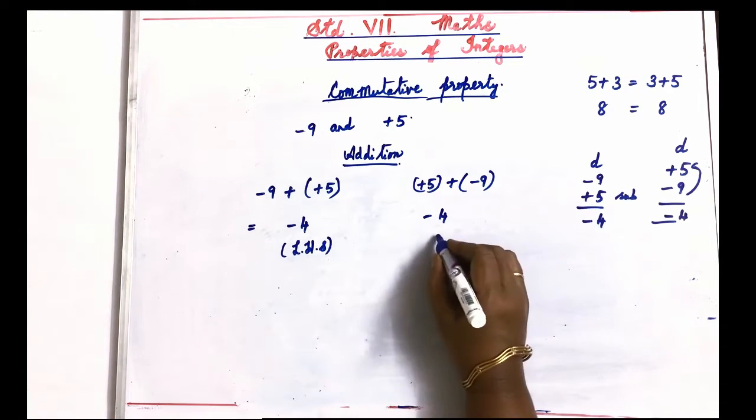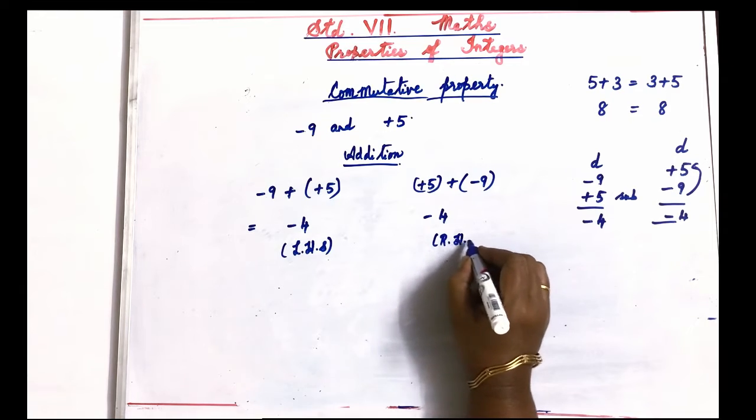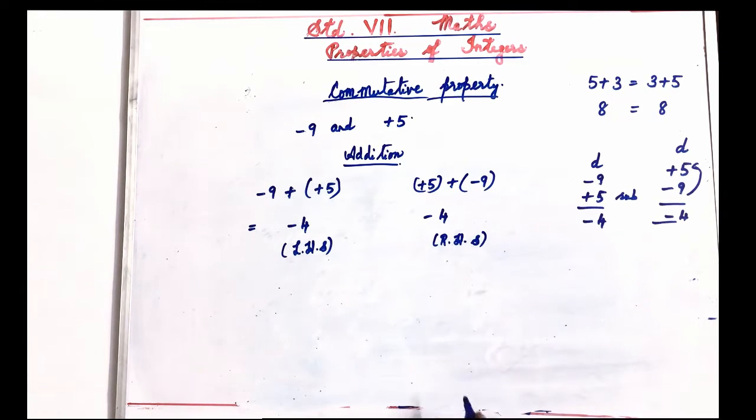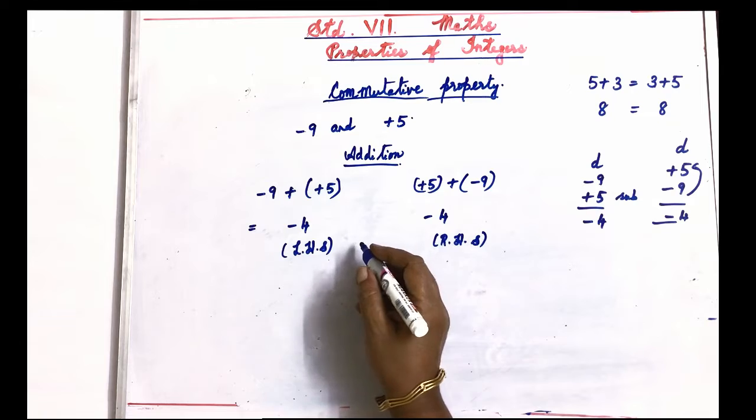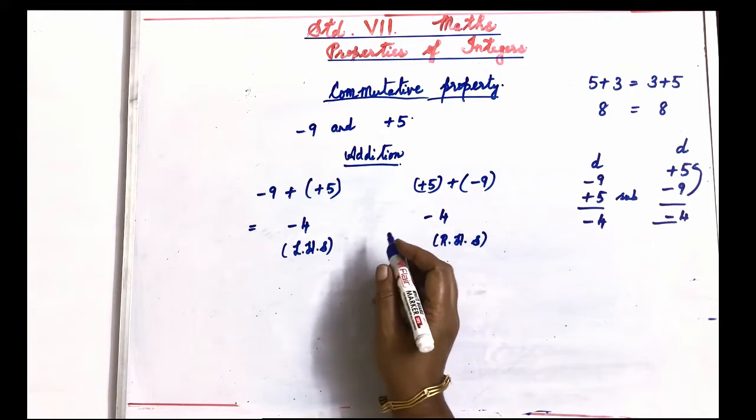This side we can keep as left hand side. And this one is right hand side. So both left hand side and right hand side answers are same. That means commutative property is true for addition.